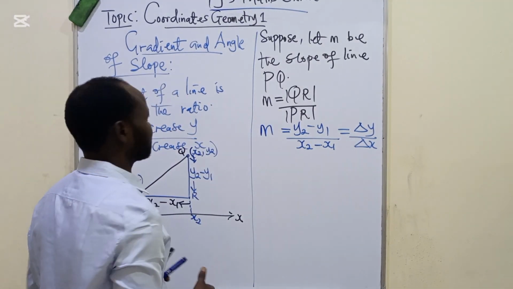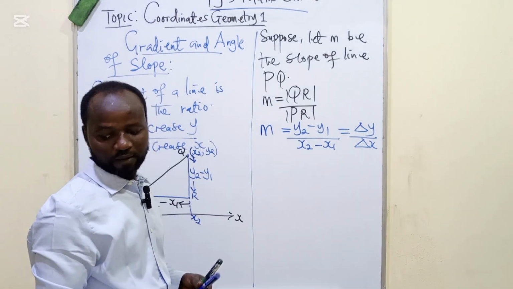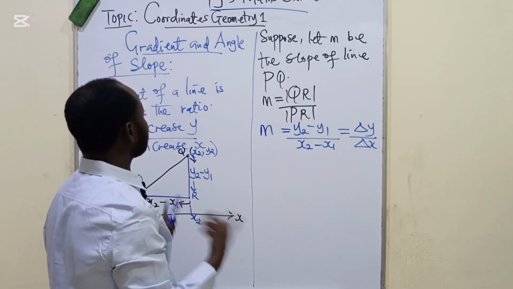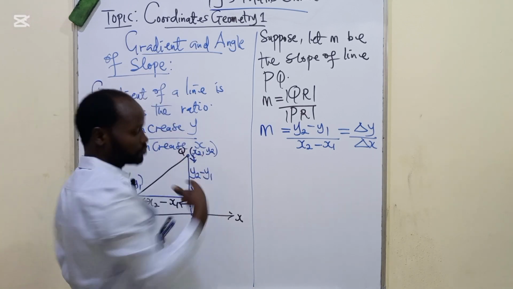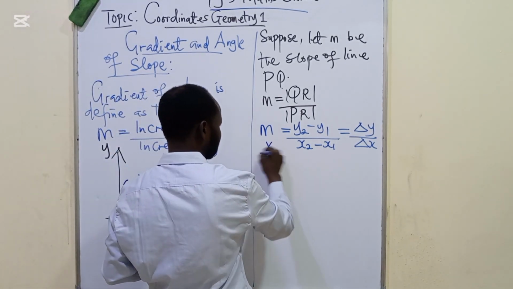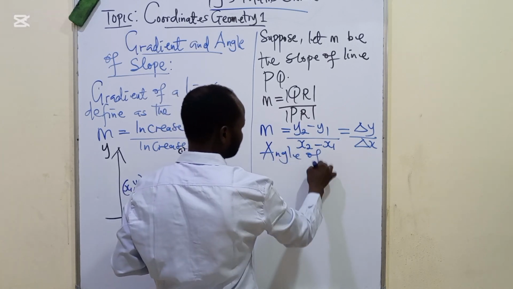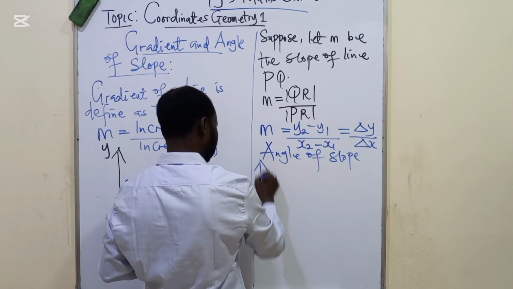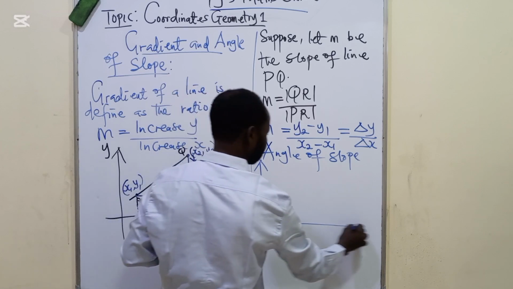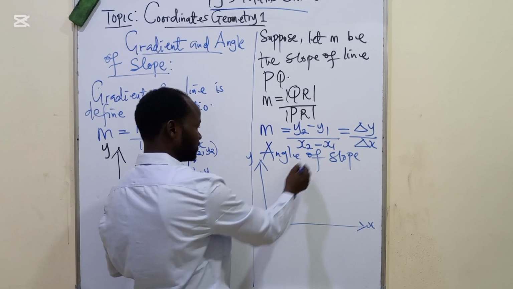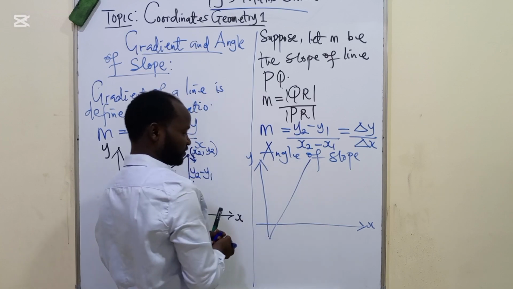Let's look at the concept of angular slope. When we are asked to find the angular slope of a straight line, suppose we have a Cartesian plane like this. This is x-axis and this is y-axis. Suppose we have a straight line like this.